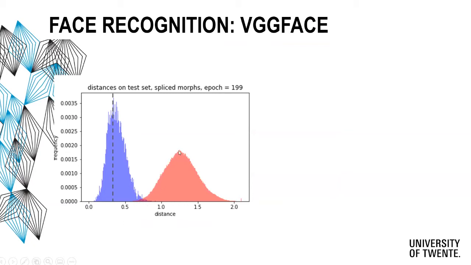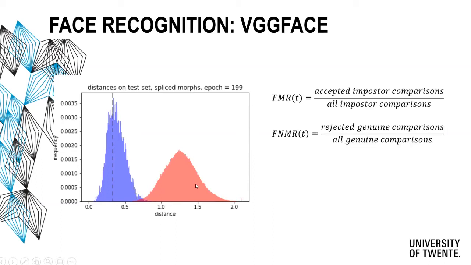Whenever I take pairs of photos of different people, so impostor pairs, the distances are a lot larger. So you can put a decision threshold somewhere. If the distance between the embeddings is below the threshold, it is the same person. If the distance is above the threshold, it is not the same person.